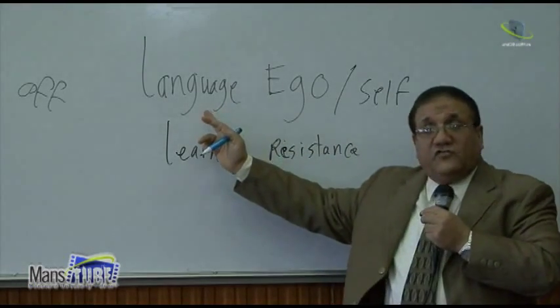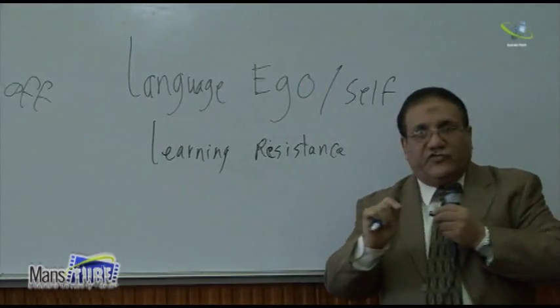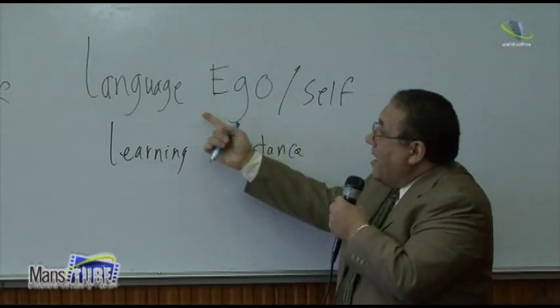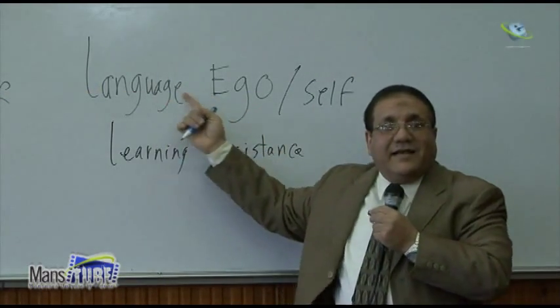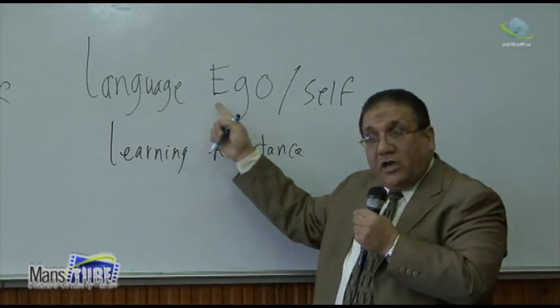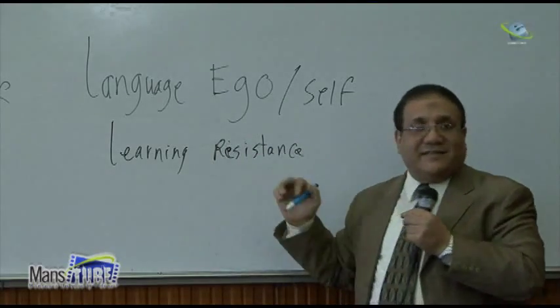So if you don't take into consideration the language of the learners when you teach him a new language, you are threatening his language ego. When you threaten one's language ego, automatically you will get learning resistance.